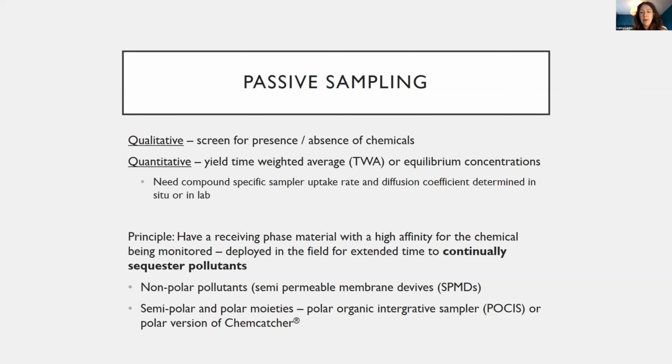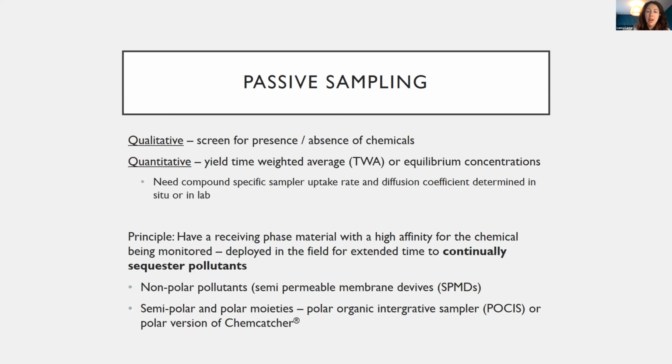And passive sampling really overcomes some of the disadvantages that I've talked about when you're talking about grab samples, because in theory, it objectively reflects the overall pollution situation of your substances in the surface water.